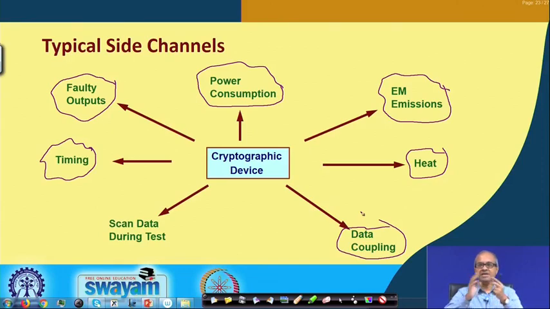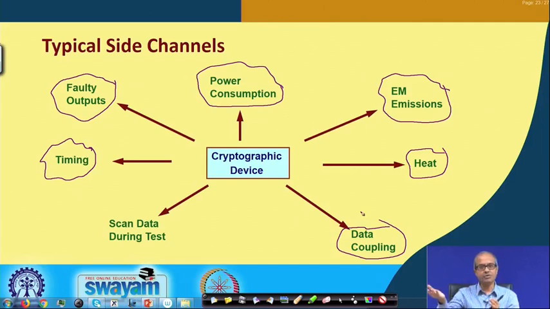Suppose you are watching your TV in one of the rooms, okay, and your door and windows are everything closed. So, you are assuming that no one is knowing what you are watching, but the video cable that is connected to a TV, let us say that is going and is getting connected to an antenna which is on your roof.